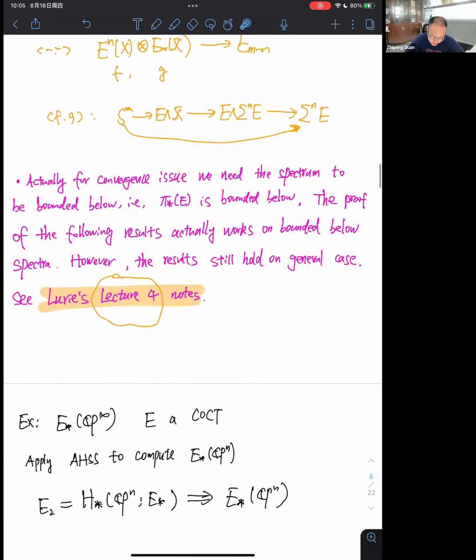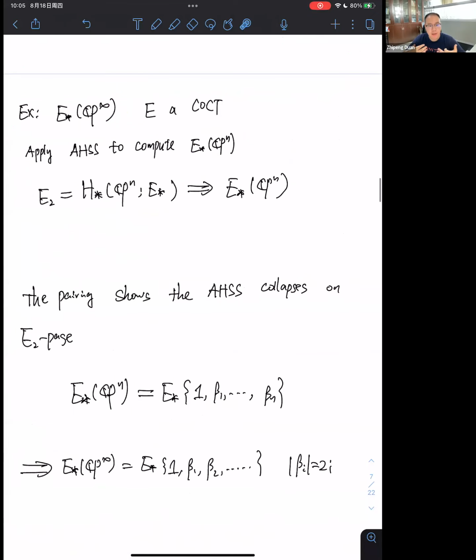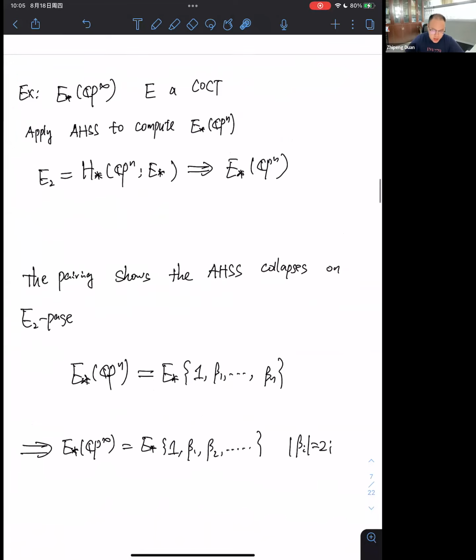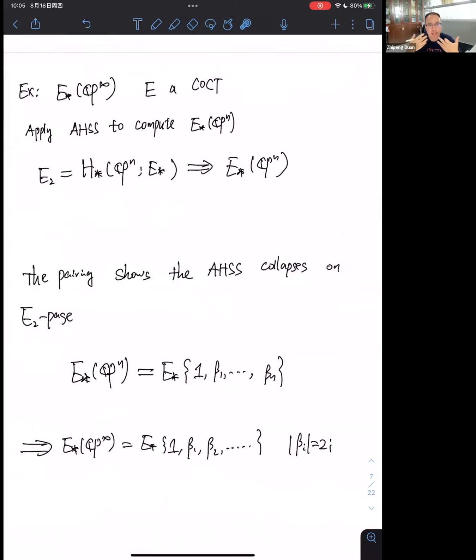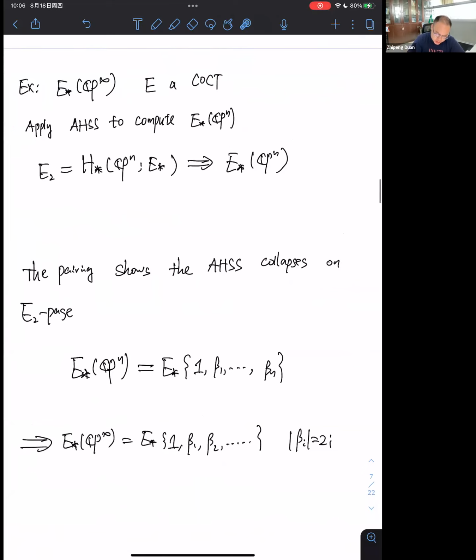Okay, so let's see how we apply the pairings to get our calculation results. As a warm-up, we first calculate the generalized homology of BU(1), which is just CP infinity, given E is a complex oriented spectrum. The main idea is to apply the Atiyah-Hirzebruch spectral sequence.